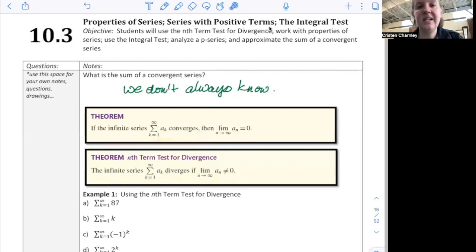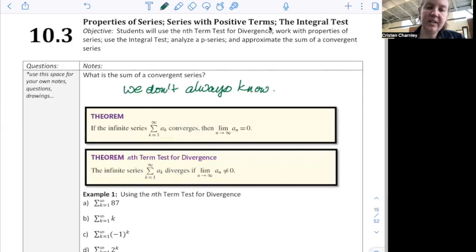Let me say that again. It doesn't say if the limit equals 0, that the series must converge. It says if it converges, the limit equals 0, but it's not necessarily true the other way around. Think of it as our rectangles are not necessarily squares, but all squares are rectangles. It's that same idea.